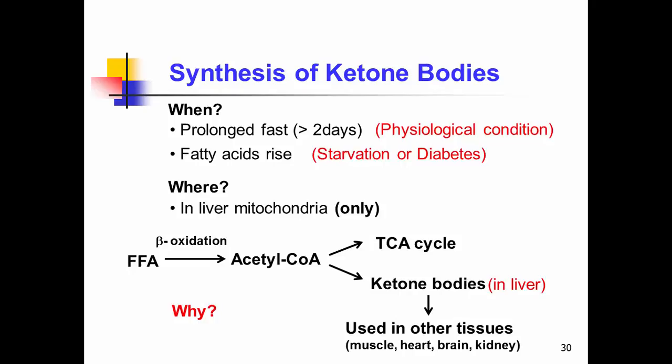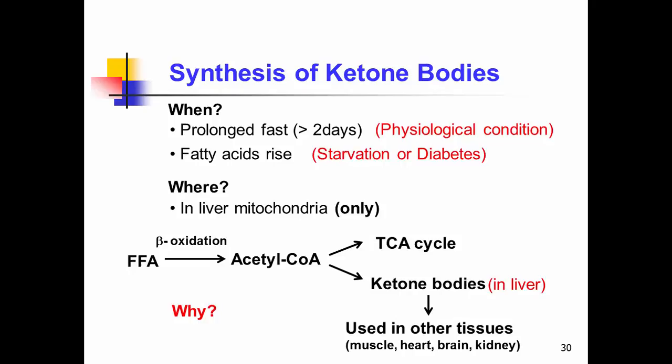So fatty acids can take 2 different paths. They can be completely oxidized through the TCA cycle for ATP production in a lot of tissues, particularly in the muscle, right? And in the liver, most of the acetyl-CoA is utilized for ketone body synthesis, right?